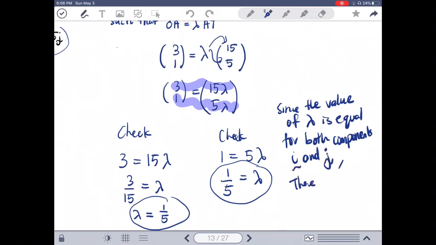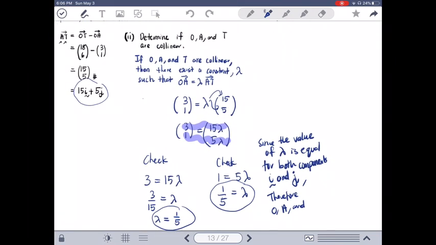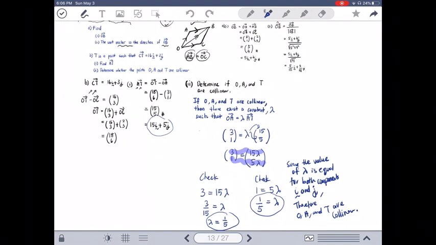Therefore O, A, and T are collinear. Okay, so it's proven that O, A, and T are collinear.